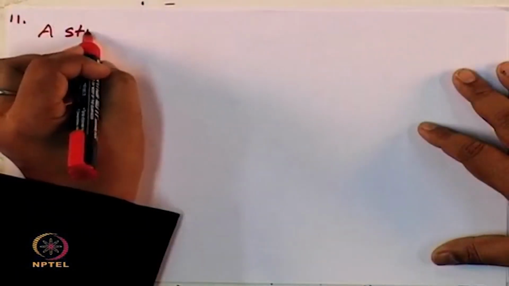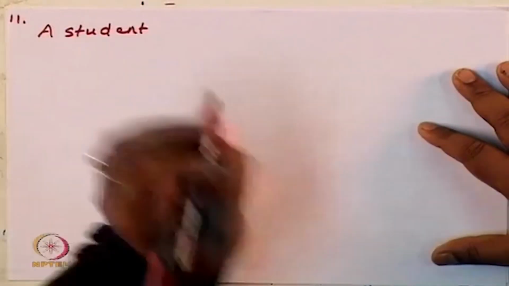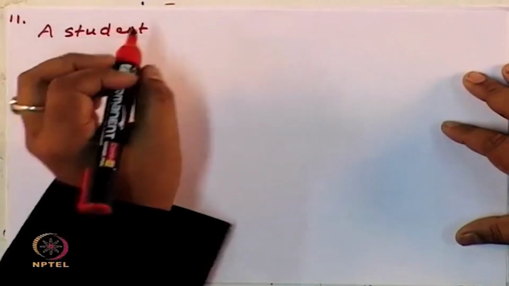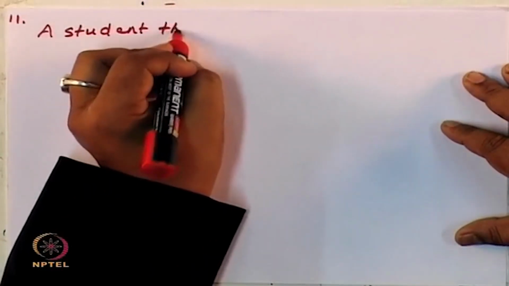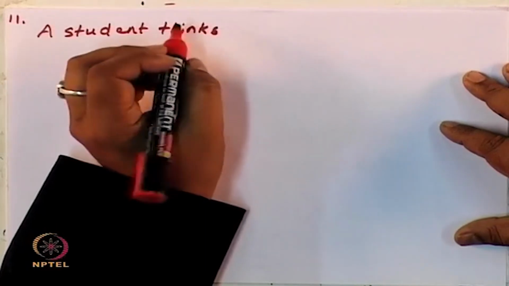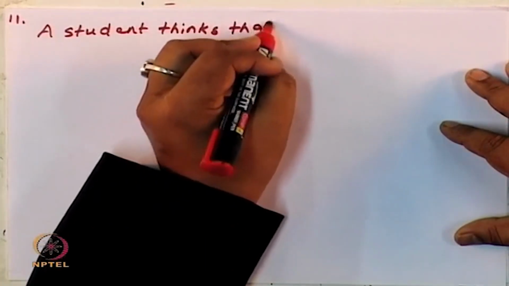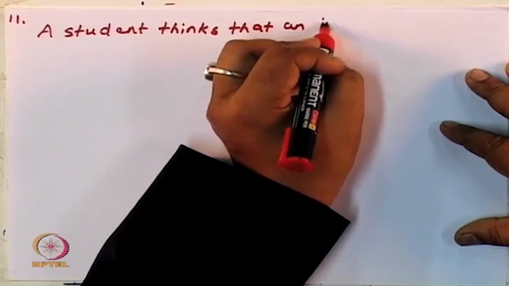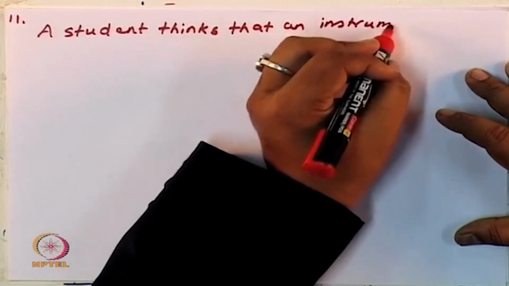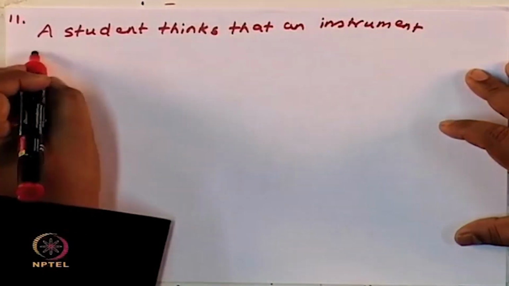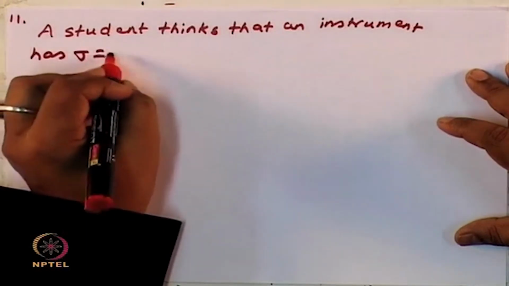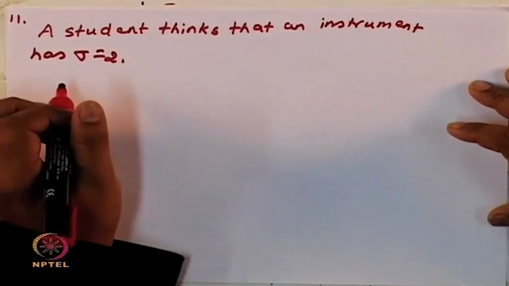Okay. So, a student thinks that an instrument has sigma equal to 2. Okay.